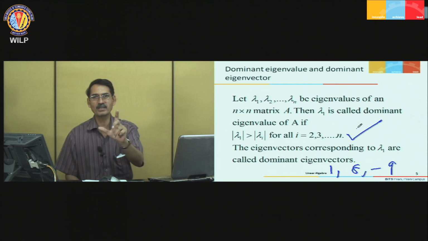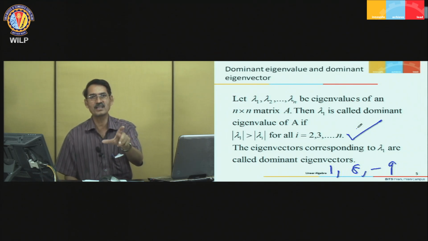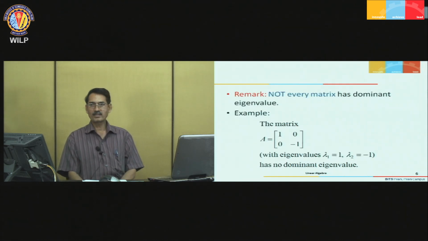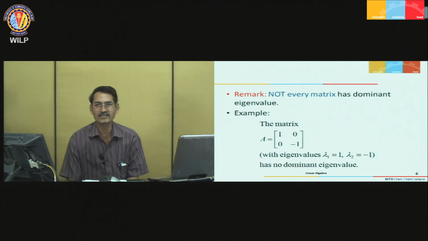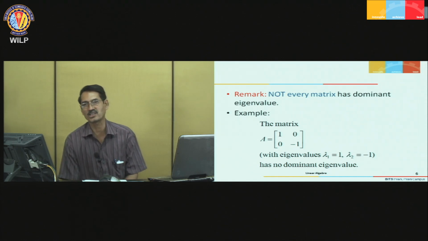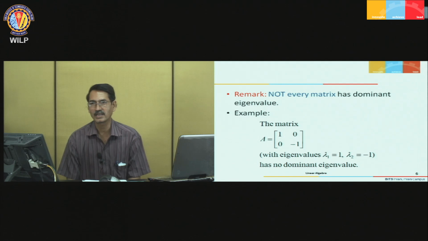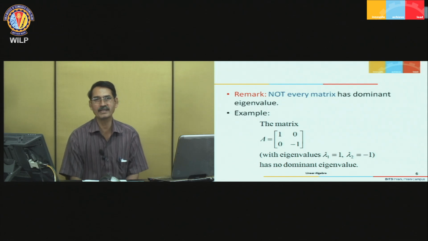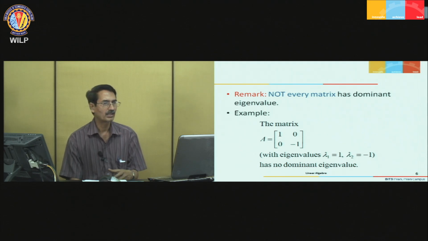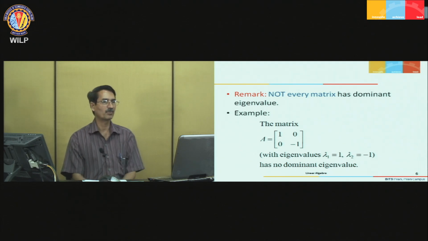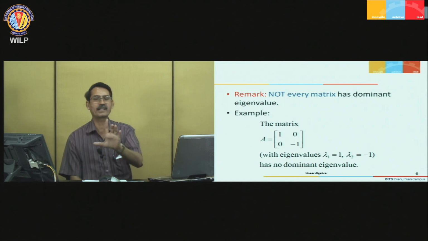Any given matrix here means any given square matrix. Before that, this remark is equally important: suppose the matrix A is given, does every matrix have a dominant eigenvalue? The answer is no. Not every matrix has a dominant eigenvalue.